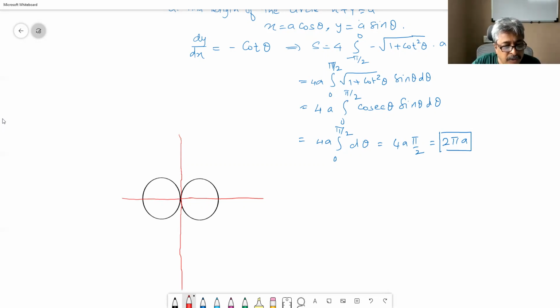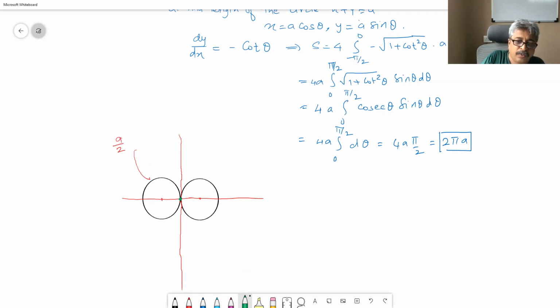I have two circles, maybe this is the first fixed circle with a diameter a. That means the radius of this circle, let us consider a by 2. Exactly the same diameter circle, a by 2, is going to slide without slipping, and what we are supposed to trace is this point of contact in the initial stage.